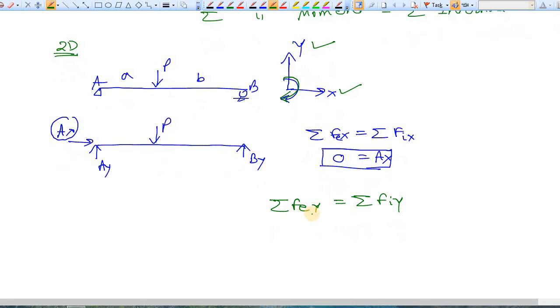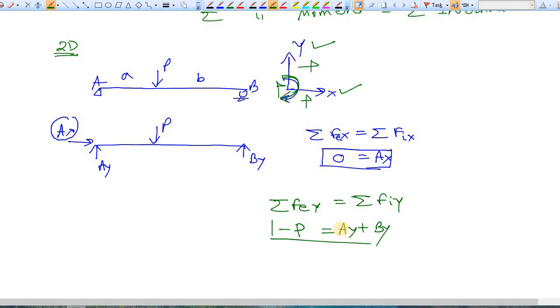So what is the external force in the Y direction? That is P. We are taking upward as positive, towards right as positive, and clockwise as positive. Here this is downward, so this is negative P, which is equal to AY plus BY.